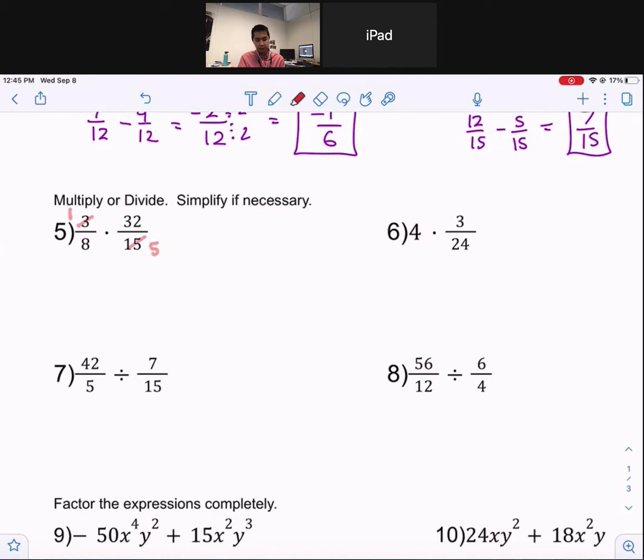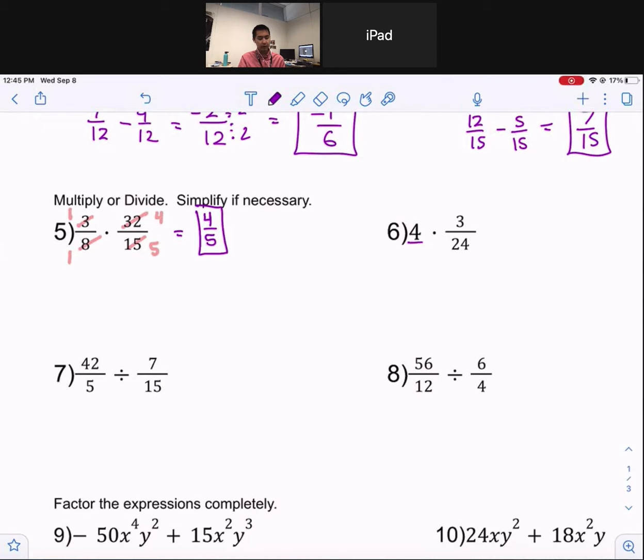We can also cross cancel 32 and 8, you guys, because top and bottom can both be divisible by 8. 32 divided by 8 is 4. 8 divided by 8 is 1. So 4 times 1 is 4. 5 times 1 is 5. So the answer is 4/5.